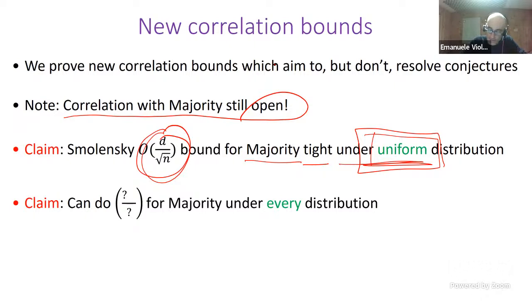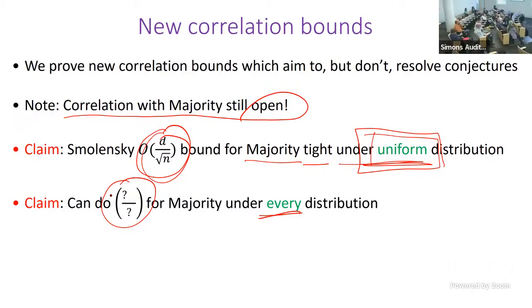Now, what happens under what is like a worst case distribution? How bad can this thing be? Does anyone have any guess? The slice? Yeah, so that would be the distribution. What bound do you think we can have under every distribution? Any guesses?